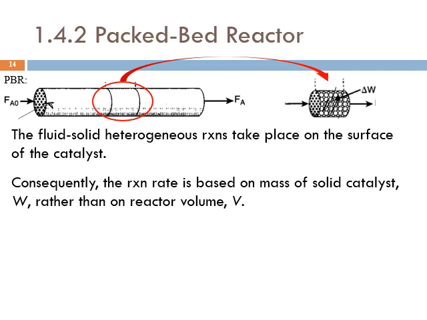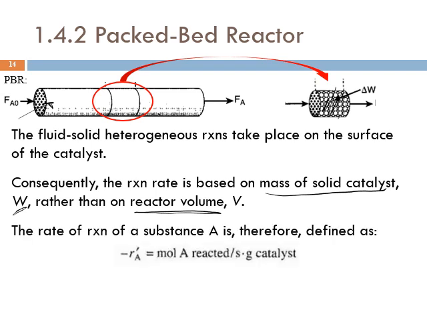Consequently, the reaction rate is based on the mass of solid catalyst, W, rather than the reactor volume, because now I care more about the catalyst than the volume of the reactor. Therefore I base my calculation on how much catalyst I have, W.